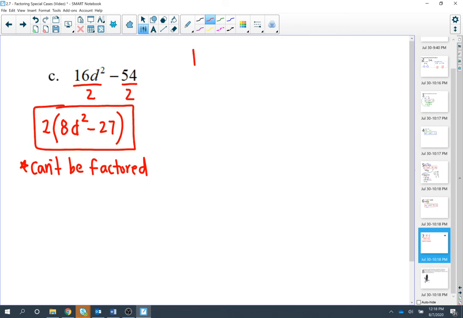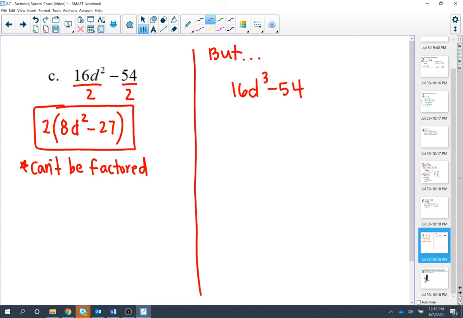Okay, now let's go over here and do a but, because I'm pretty sure your teacher made a typo. But what if I had given you 6d cubed minus 54? Okay, let's see what would happen here. Still going to divide by 2 for the same reason as before. Then I'm going to have 8d cubed minus 27.